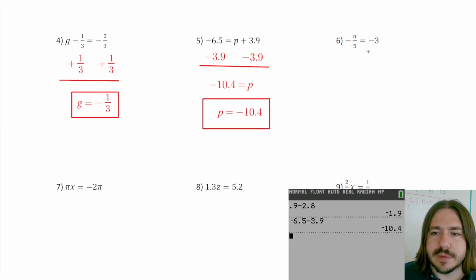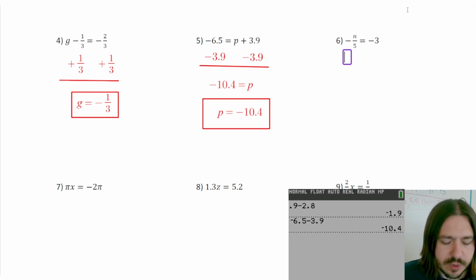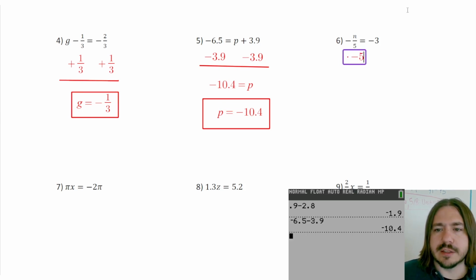Number 6. Here we want to multiply both sides by negative 5. Here we've got n divided by negative 5, so we want to undo that. And we want to do that by multiplying both sides by negative 5.